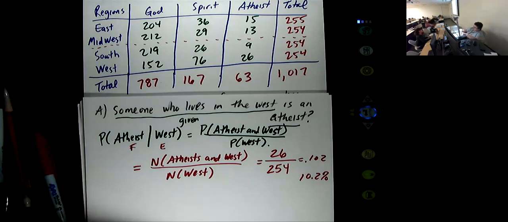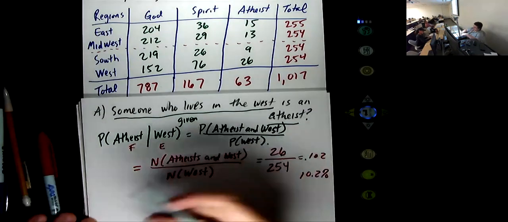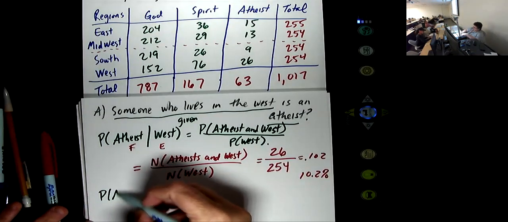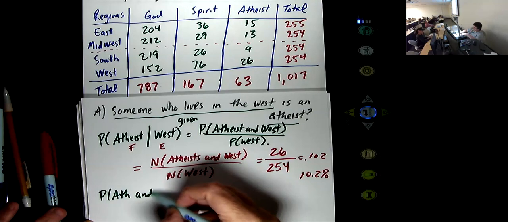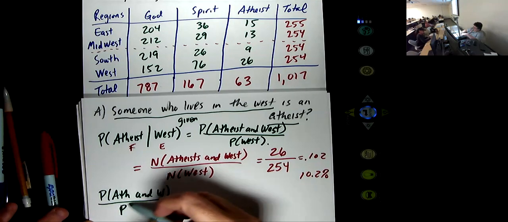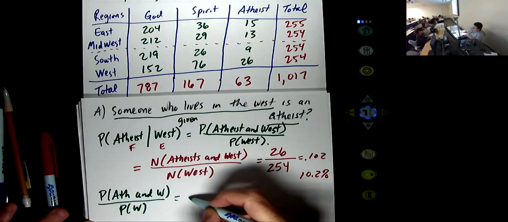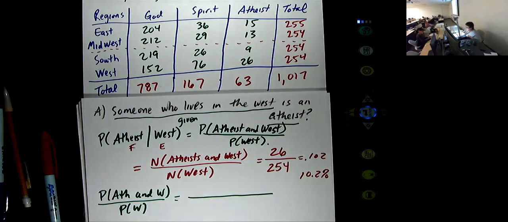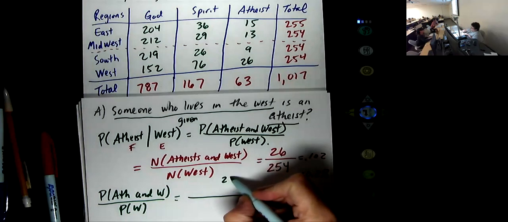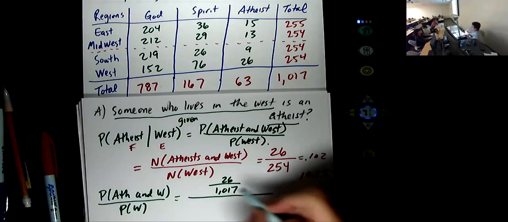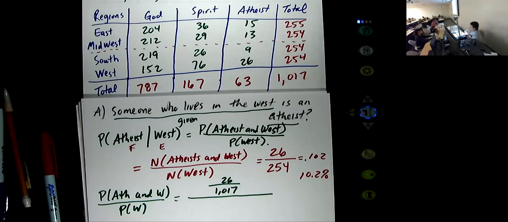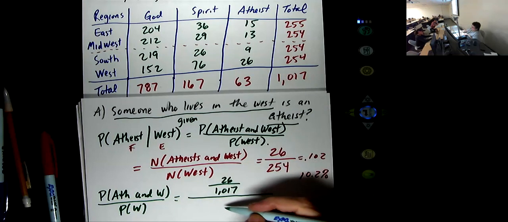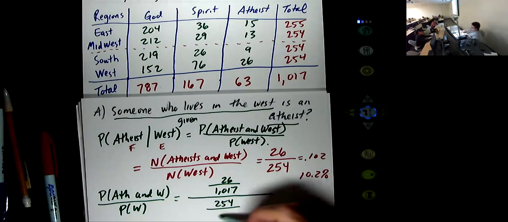We can do the probability one, but I'm going to show you why it sucks. Doing the probability of atheists and West over just the probability of West. The probability of being an atheist in the West is 26 out of 1,017. And the probability of being in the West is 254 out of 1,017.